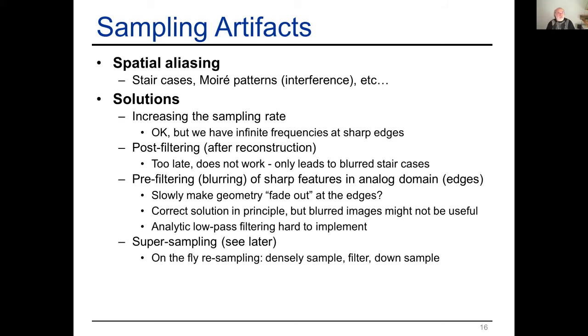Okay, so what can we do to solve that? I indicated we cannot completely remove it, but the best way to reduce it is to increase the sampling rate. As we increase the sampling rate, we're moving our delta functions further apart in Fourier space, and the overlap is reduced.